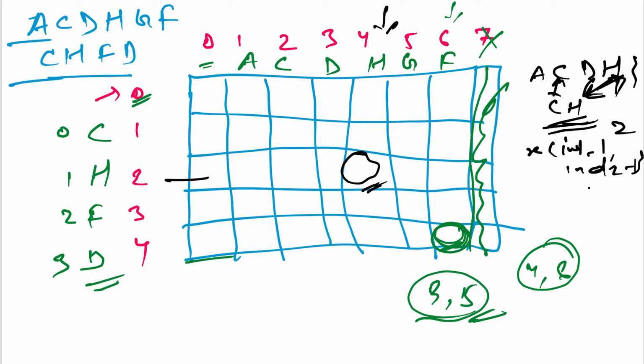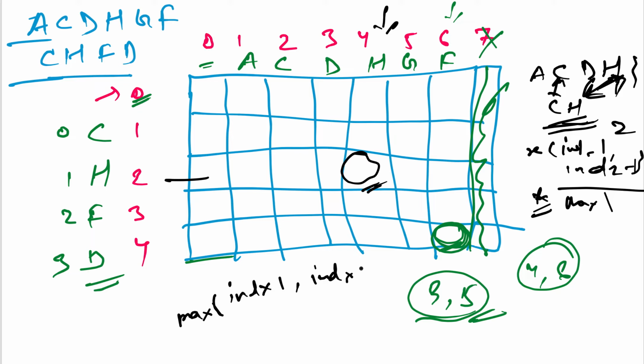Otherwise, max of index 1 comma index 2 minus 1 comma index 1 minus 1 comma index 2, right? So in this case, first of all, let's say we fill the blank strings.